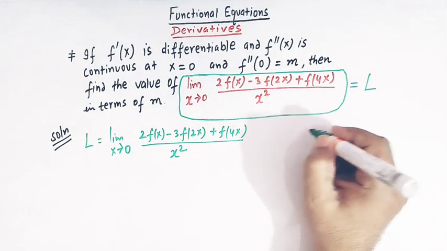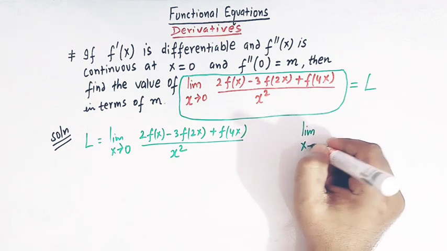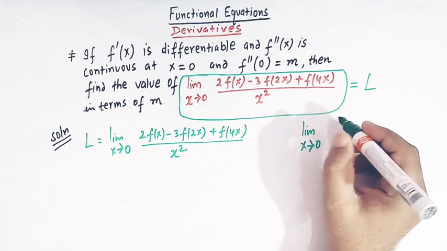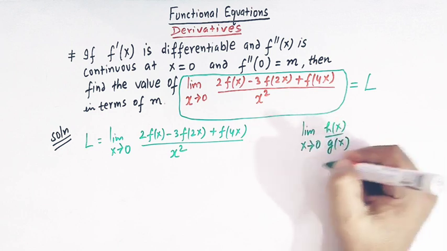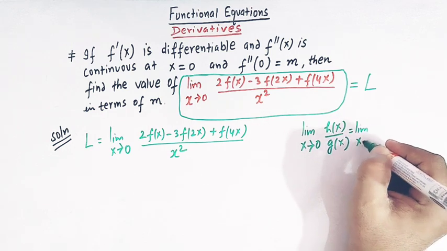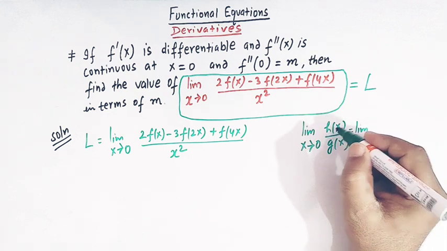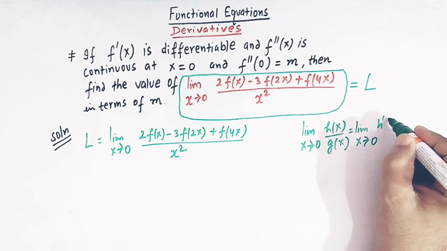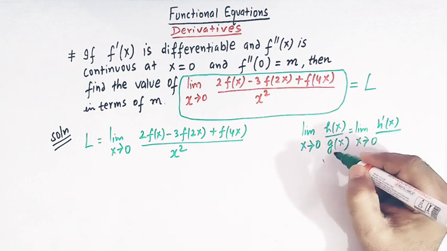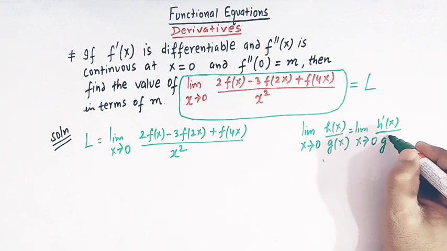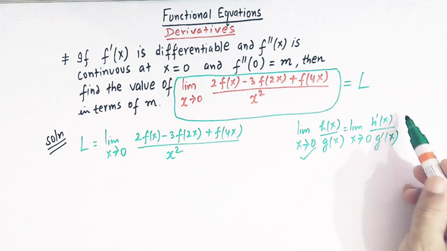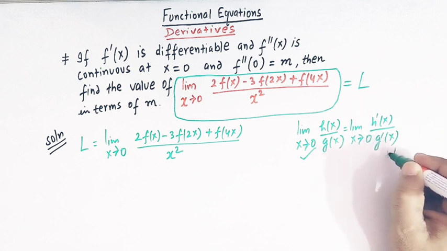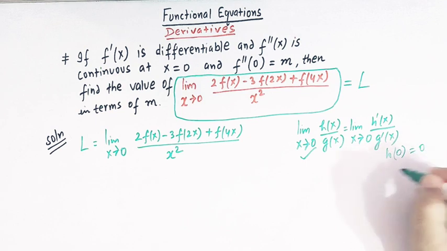L'Hopital's rule says that if we have the limit as x tends to 0 of h of x by g of x, then this limit is equal to the limit as x tends to 0 of h prime of x by g prime of x, provided that h of 0 is equal to 0 and g of 0 is also equal to 0.